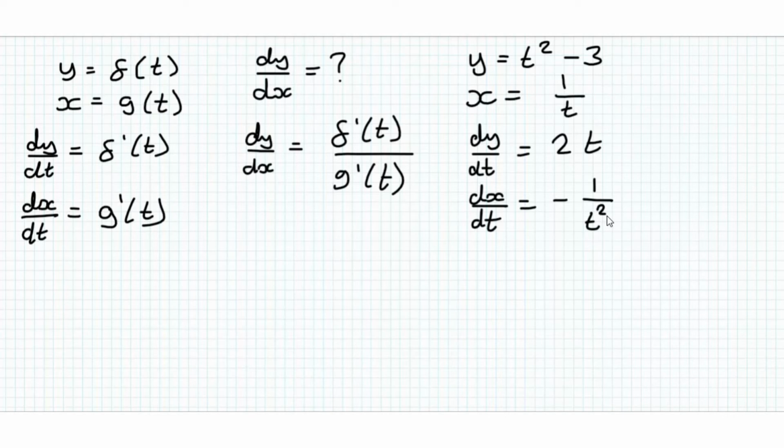So that's our result, and then doing dy by dt divided by dx by dt gives us dy by dx, and that's equal to 2t divided by minus 1 over t squared, so that is minus 2t cubed.